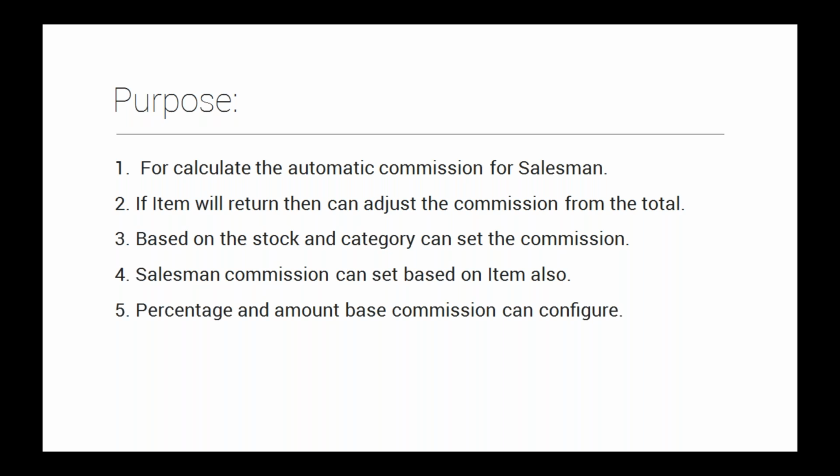So based on your assigned percentage and amount, you will get a report at the end of the month or weekly. If you are going to pay your salesman, you will get a report at the end of the month. So you will have a clear picture of whatever target he achieved, how much sale he made, and the total transactions under this particular salesman, and if there are 4 or 5 salesmen, you can have a comparison list also.